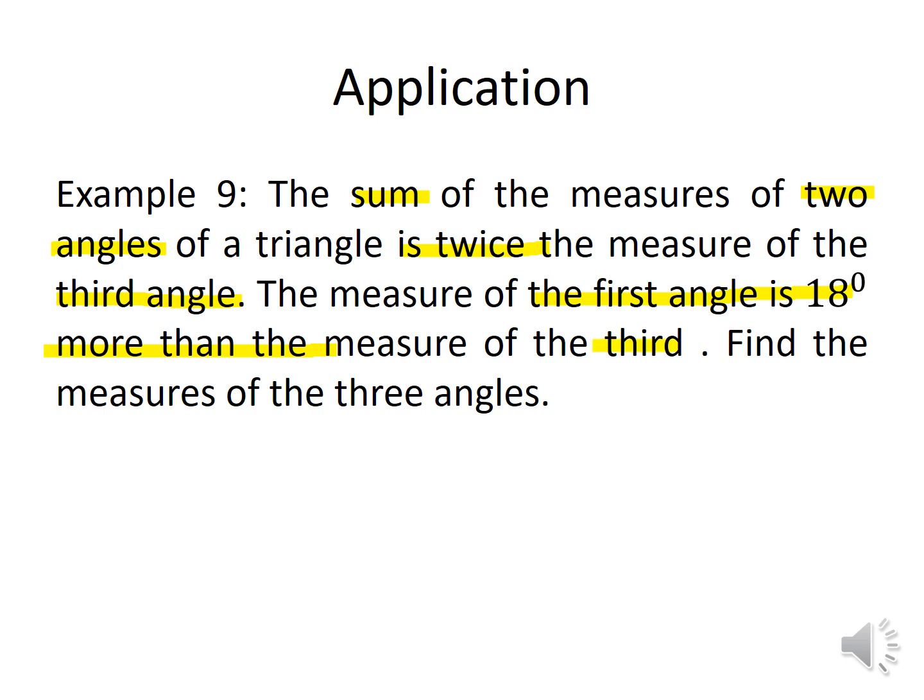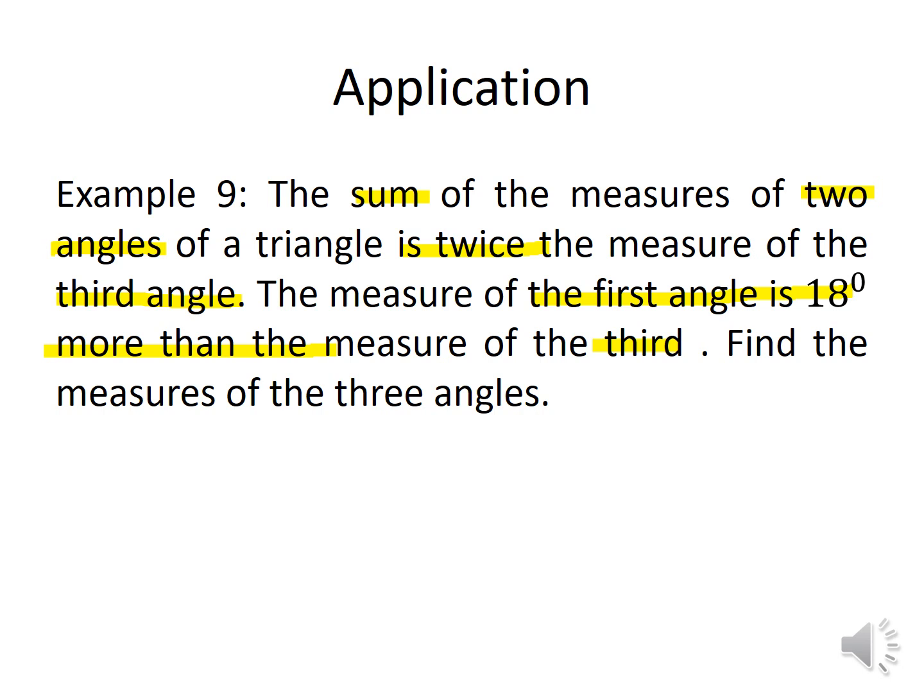So based on the question, you have 2 pieces of information. Find the measures of the three angles. The question requires the three angles, but we only have two pieces of information. And you should know, to get three unknowns, we should have three equations.